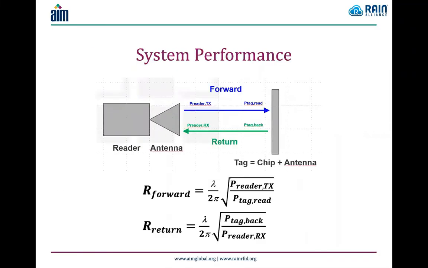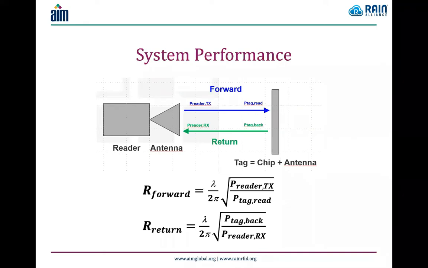Good. System performance, I already mentioned earlier. This is a topic that has become more and more relevant. On the one hand we have the forward link from the reader to the tag, and the return link, the signal coming back.